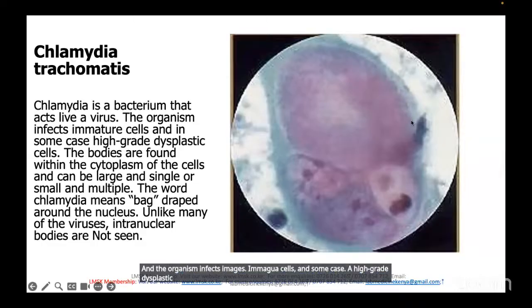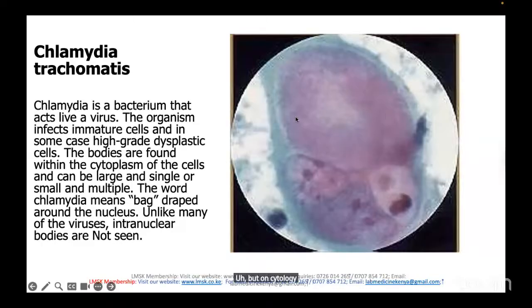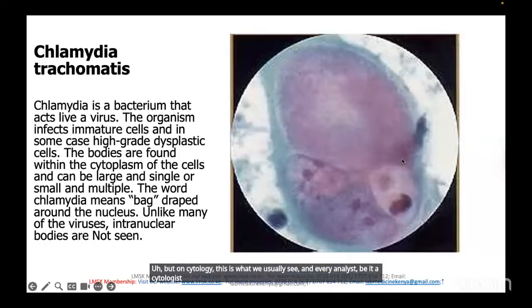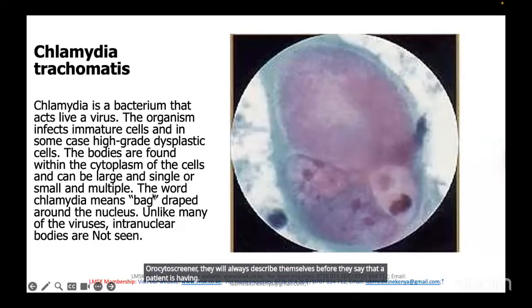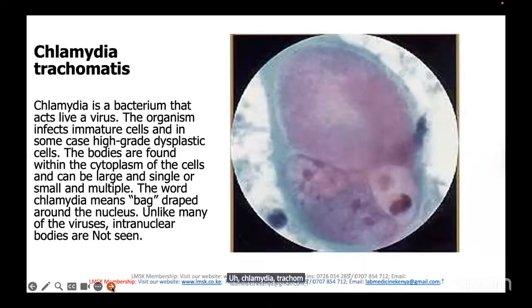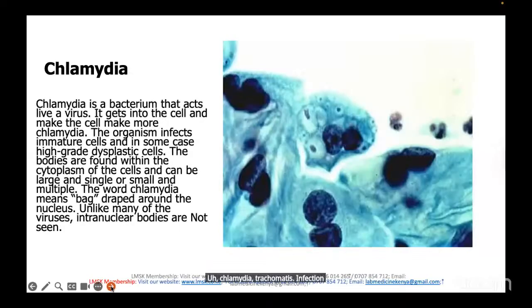So sometimes the cells look dysplastic and yet they are not. But on cytology, this is what we usually see. And every analyst, be it a cytologist, a pathologist, or a cytoscreener, will always describe the cell before they say that a patient has Chlamydia trachomatis infection or not.